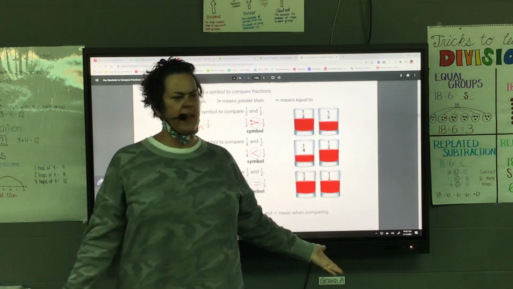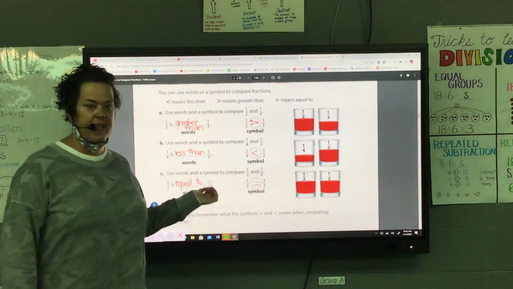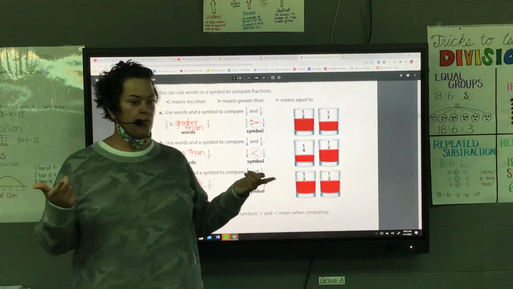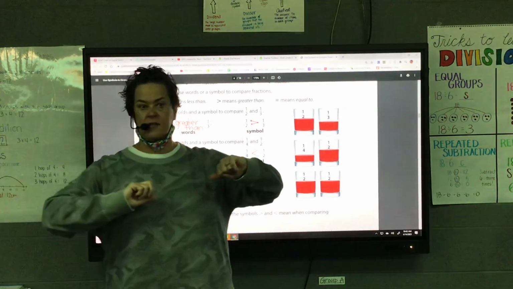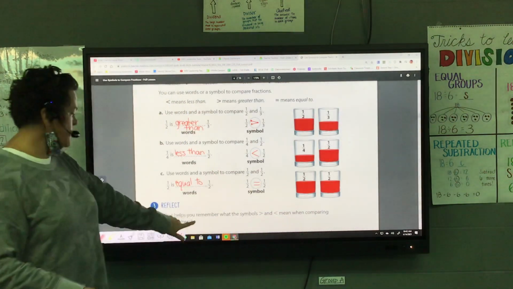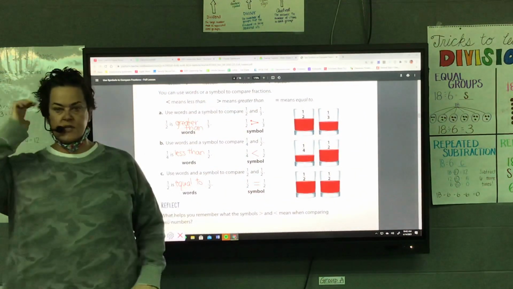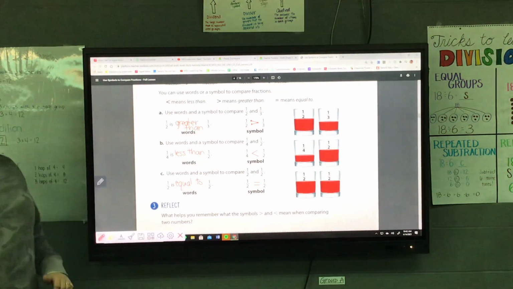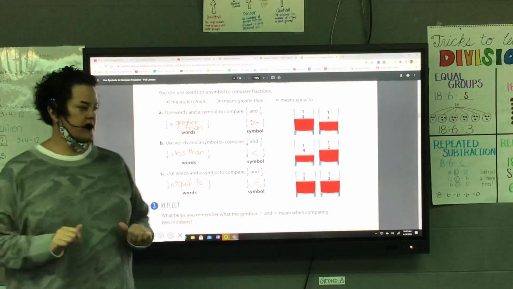How can you remember that? Because I'm not always going to be standing up here helping you remember which symbol is which, am I? Write down what you're going to do to help you remember which one is the greater than symbol, which one is the less than symbol.